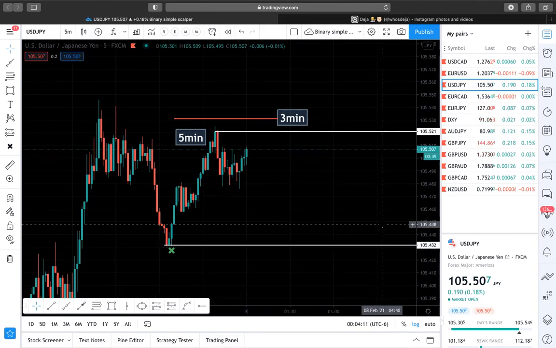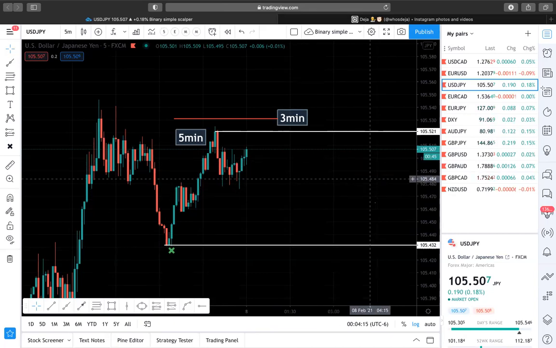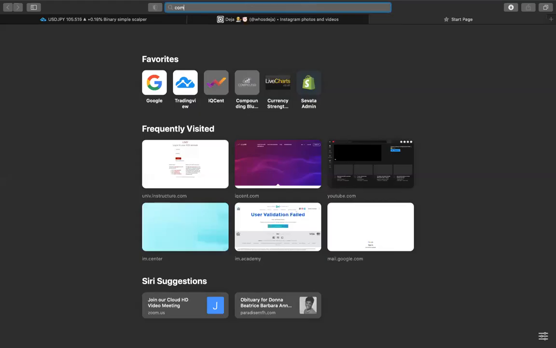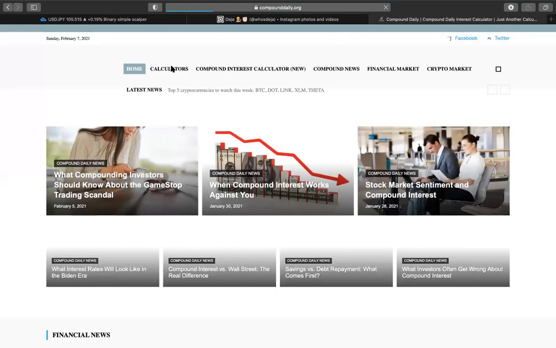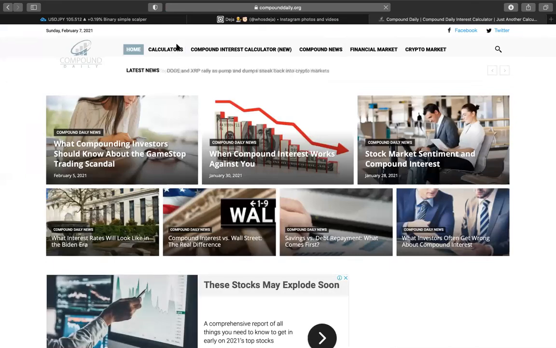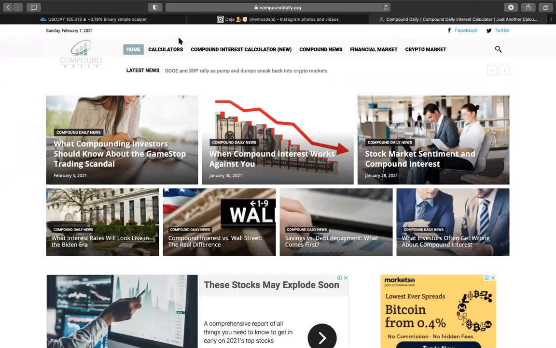If you're trading, you can be successful if you stick with it. As long as you stick with it, you will be successful. Even if it takes you 30 years to hit $1 million, you can do it. You know why? I can show you why: compound interest, compounding daily.